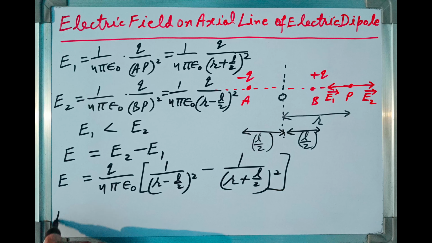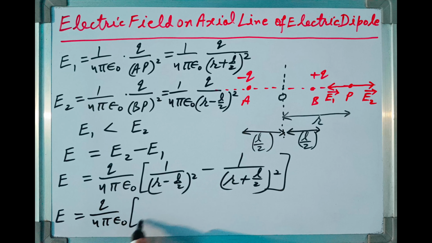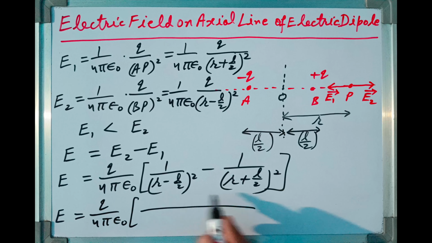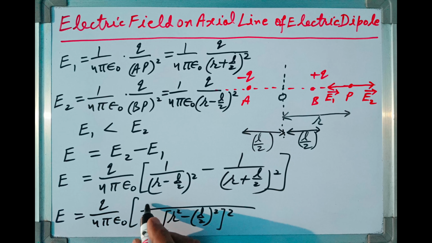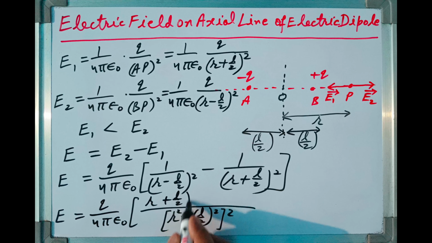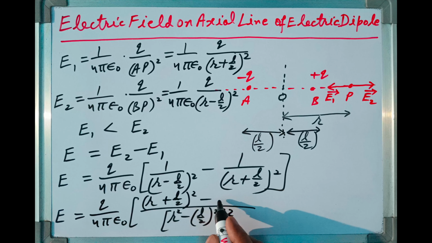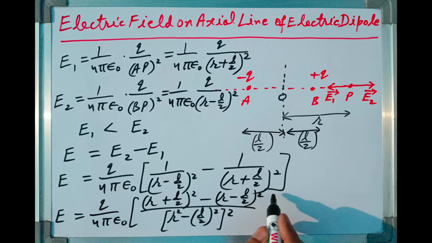After simple mathematics, I can write Q upon 4 pi epsilon naught, taking LCM, r square minus L by 2 square whole square in the denominator. In the numerator, we get r plus L by 2 whole square minus r minus L by 2 whole square.